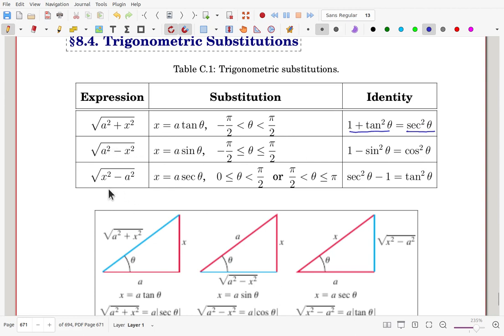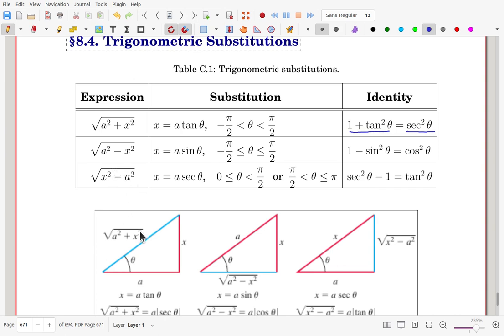And for that one, now x must be larger than a in modulus, larger than a or smaller than minus a. The choice of substitution here is a sec theta, because sec theta is always larger than 1 in modulus. Okay. Now, once we are using this one, change it along with that, then later on we'll use that identity so that we can eliminate the radical.